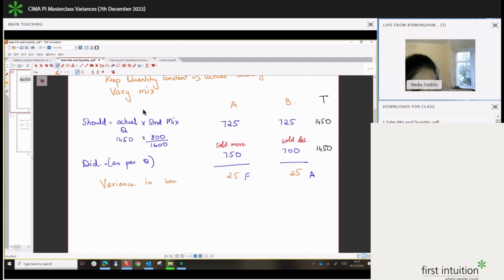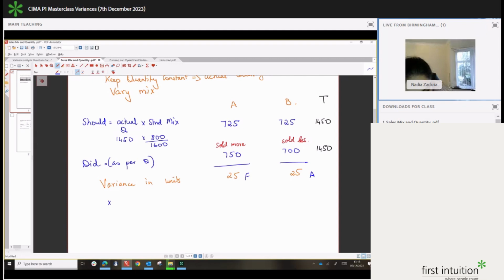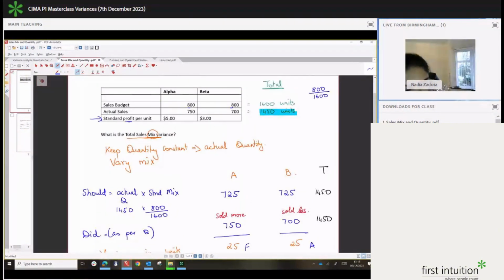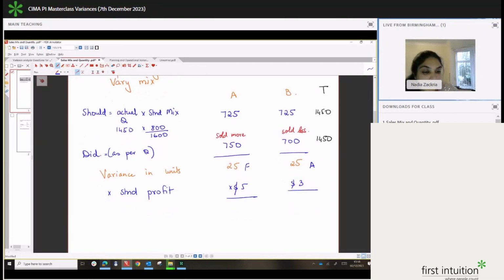No good to us. We must always convert this into dollars. Therefore, you're going to go at standard contribution or profit. Given to me here is standard profit. So I'm going to multiply that with the profit figure. Right?